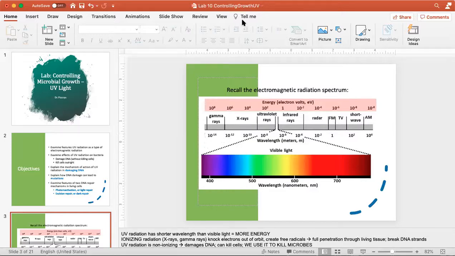So remember, when we talk about light, if you remember from physics, electromagnetic radiation and visible light, it has this really unusual property. It travels both as a wave and as a particle, right? Remember this from physics? And we can measure the wavelength of different kinds of electromagnetic radiation, from the peak of one wave to the peak of the next wave, or from the low point of one wave, the trough, to the low point of the next wave.